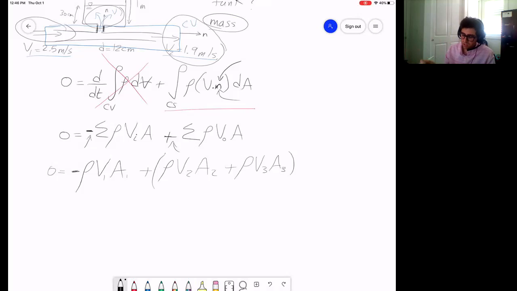So if density does not change, you can cancel it. Cancel this term, cancel that term. So now you're left with what? V1A1 is equal to V2A2 plus V3A3.